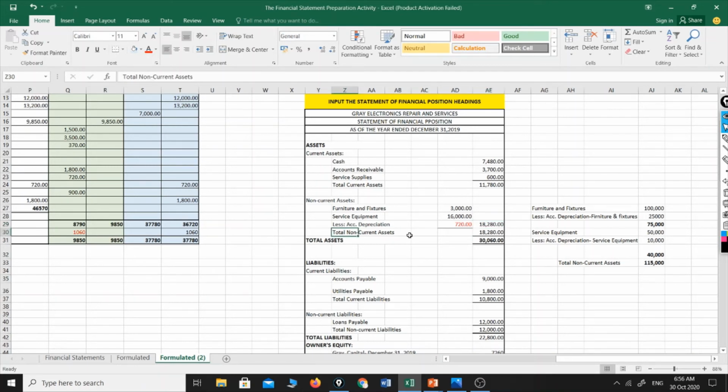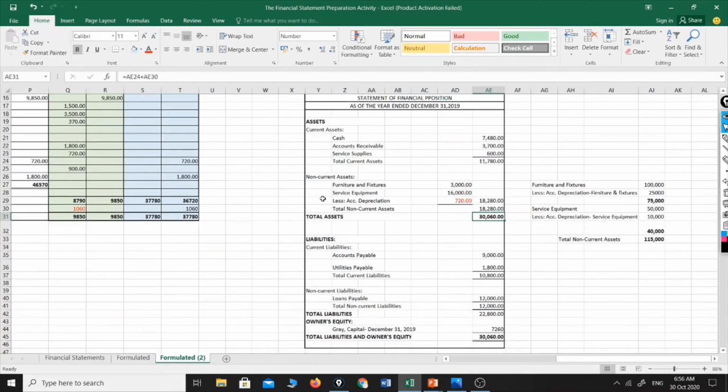Therefore, our total non-current asset is 18,280. Then you total all the assets: the current asset as well as the non-current asset, meaning 11,780 plus 18,280. So our total asset is 30,060.